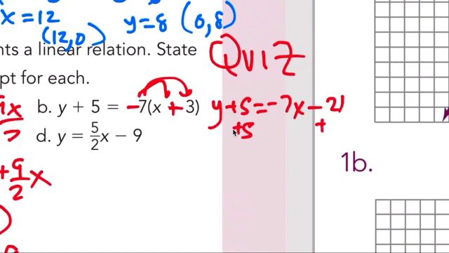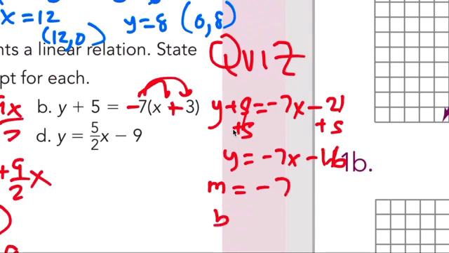Add 5, y equals negative 7x minus 16. Your slope is negative 7. Your y-intercept is negative 16 or 0, negative 16.